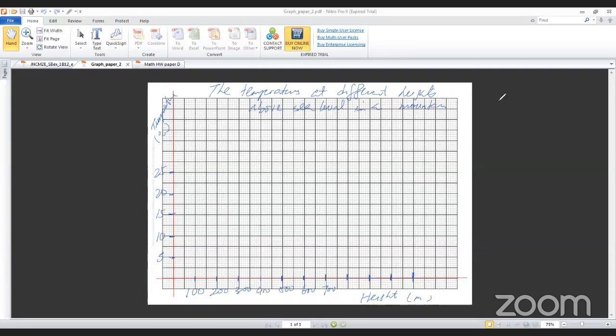Okay, and then we can start doing the first one. The first one, 50. 50 should be somewhere here, right? And then 24. Where is 24? And then you draw a cross here. Okay, 50, 24. And then 650 will be here, and then 12.